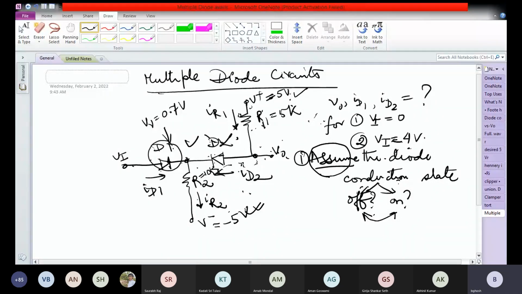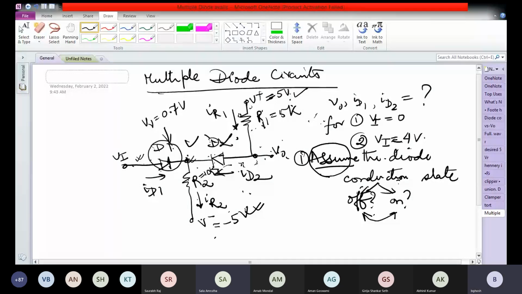I do not know what the state of conduction of D1 will be though, because if you assume that diode D1 is on, you will argue that here you have 0 and there you have a negative bias, minus 5 volt, which is going to be about minus 2 volt here.